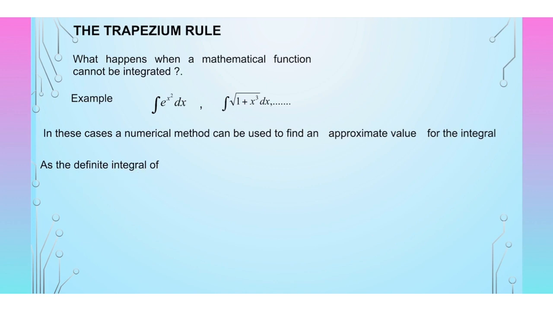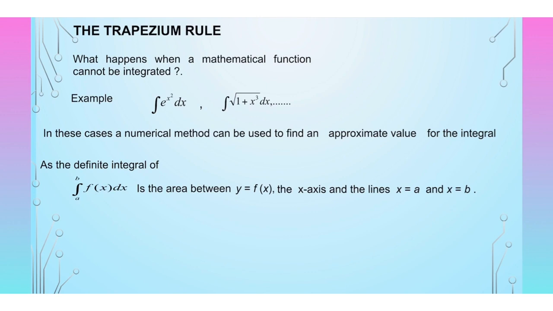integral of f(x) from a until b is the area between y equals f(x), the x-axis, and the lines x equals a and x equals b.